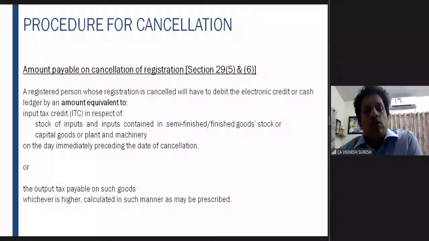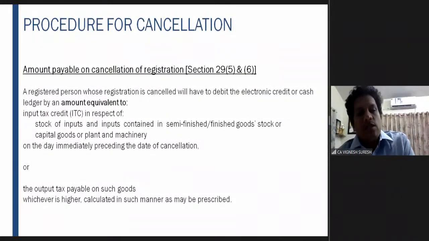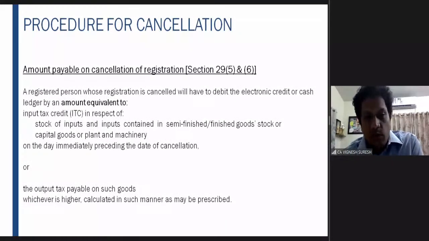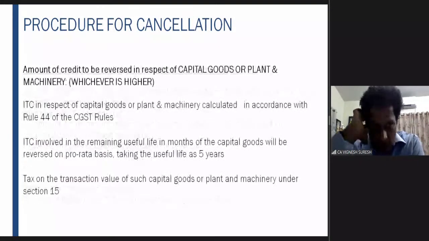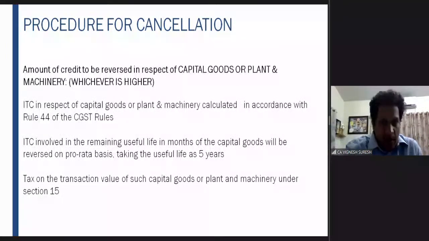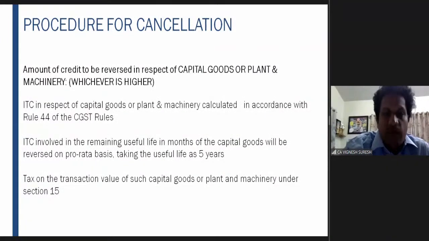As I already told you, in case of cancellation of registration, whatever input tax credit has been taken on the stock of inputs, inputs contained in finished goods or capital goods, or the output tax payable, whichever is higher, is to be paid. When it comes to capital goods, as I told you, the 5 years pro rata basis has to be taken into consideration.